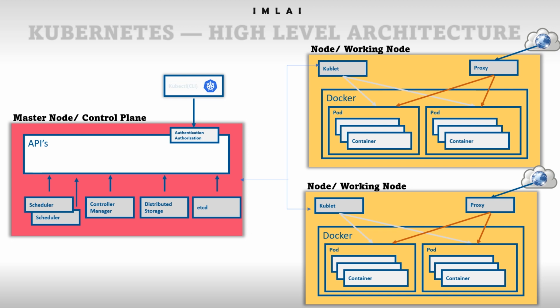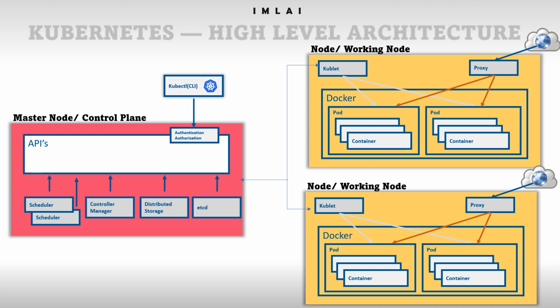Then finally, we have kubectl, the CLI, the Kubernetes command line interface. A Kubernetes cluster can be managed via the Kubernetes dashboard, a web user interface running on the master node.